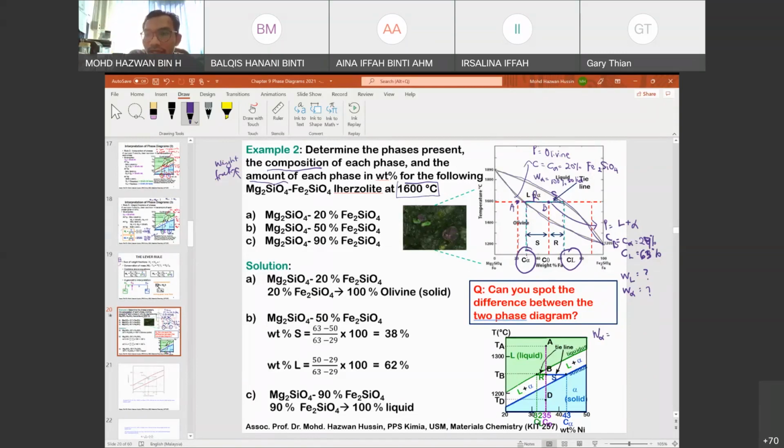The opposite line of solid on the left is which? R or S? S. So S over R plus S.